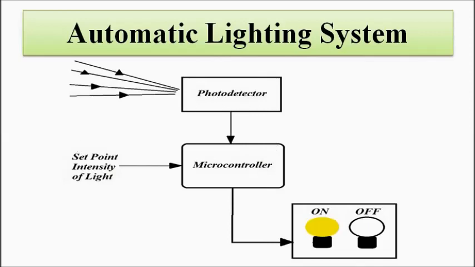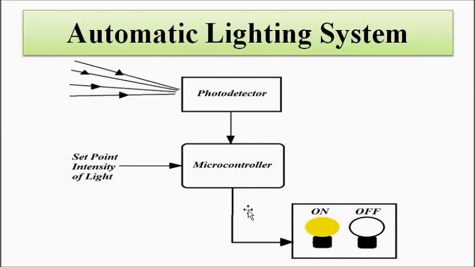So here I just wanted you to understand what process control exactly is and how sensors, transducers, actuators and microcontrollers come into play in the whole picture. Okay, so here is the basic example. The photodetector measures the intensity of light and gives the output. The microcontroller is fed with a suitable set point for turning the light on and off.